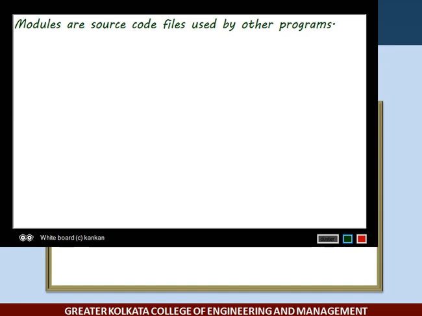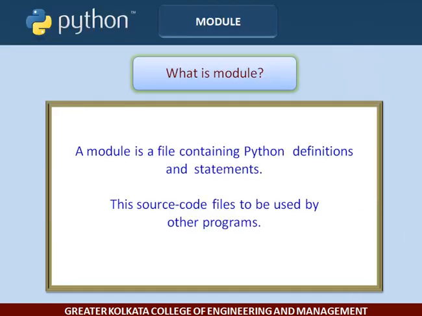The file name is the module name with a suffix .py, Python extension appended with it. Now, we need to know how we can include or inherit source scope of other Python file into the current Python file or source code.